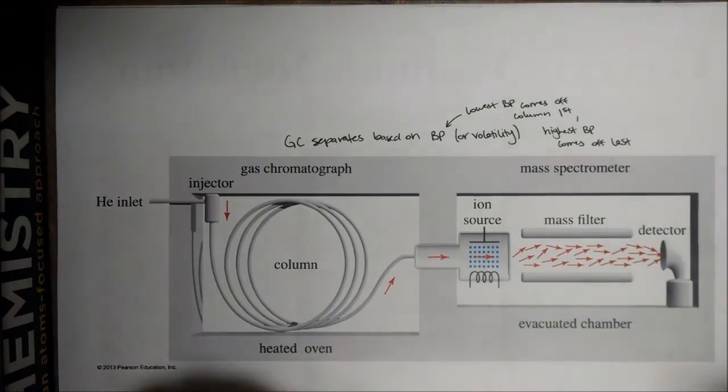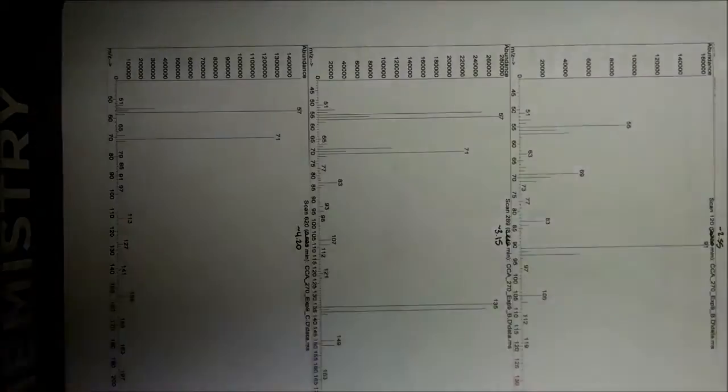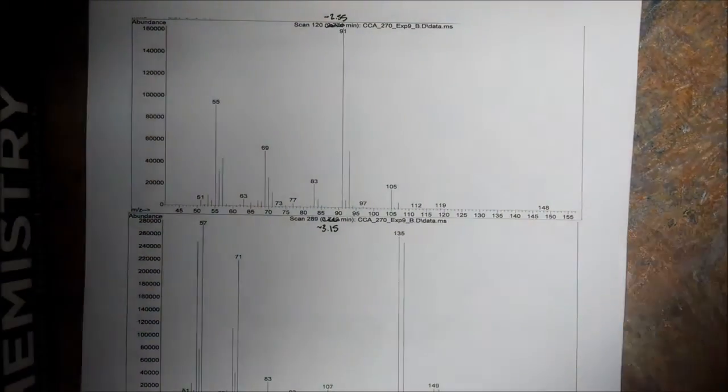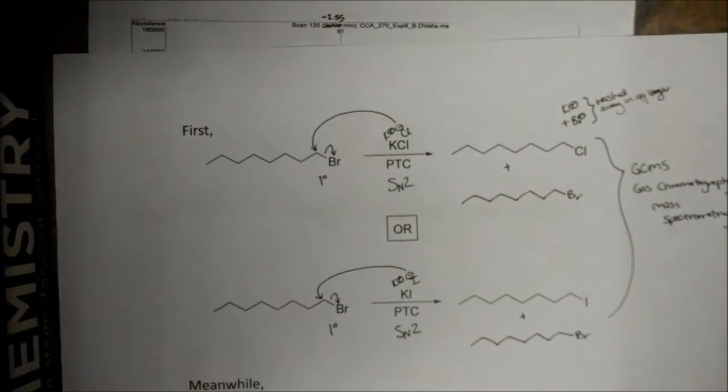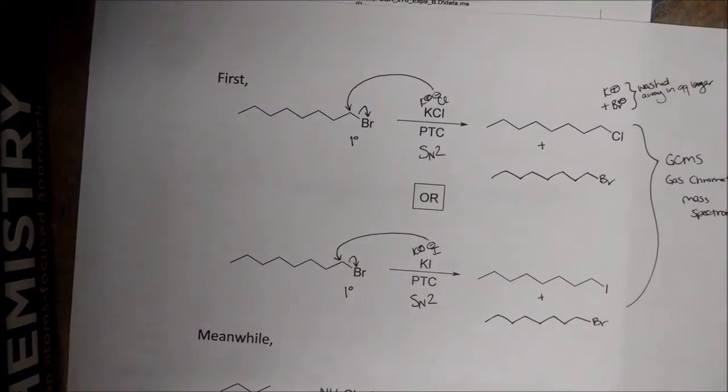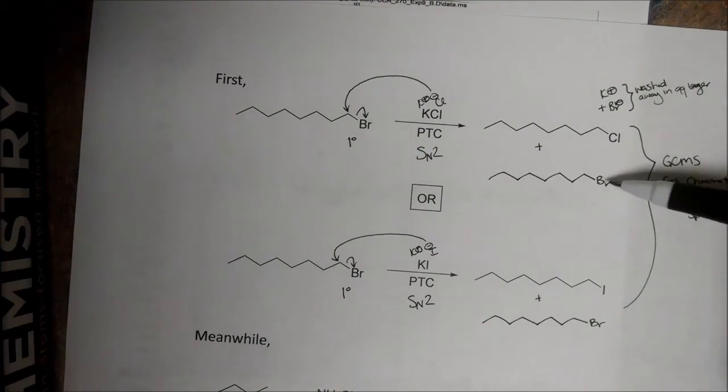Okay? So, here we go. These are the mass spectra corresponding to the different products you could see in your solution. Okay? So here, the different mass spectra correspond to either the chloride, the bromide, or the iodide.